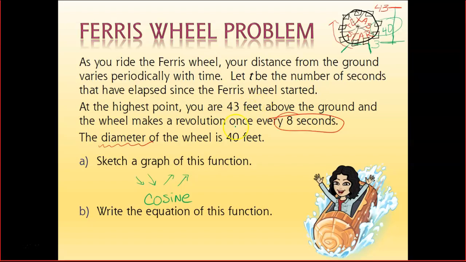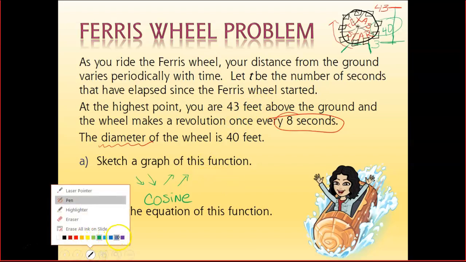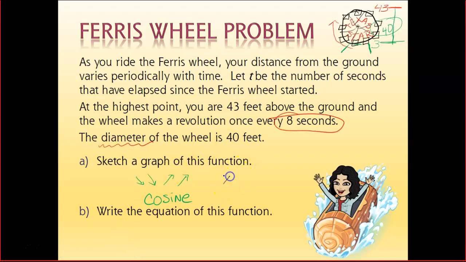So what do you notice? If our graph goes to the up, to the up, to the down, to the down, is that cosine? Is it sine? No. So what do you notice though? It's the opposite. Holy cannoli, what can we use if it's the opposite?